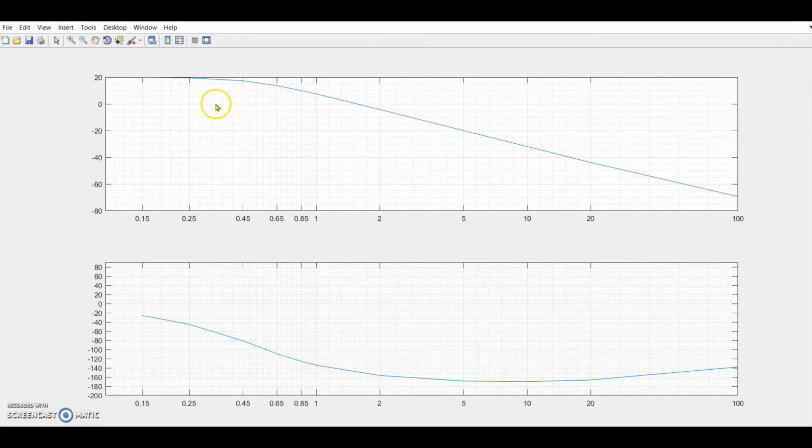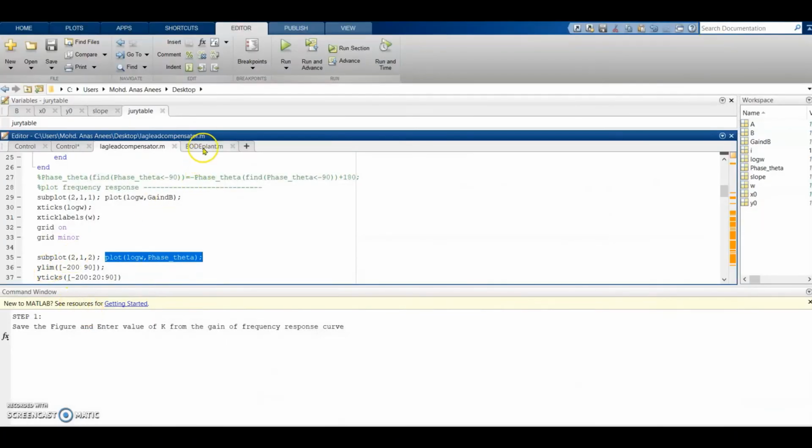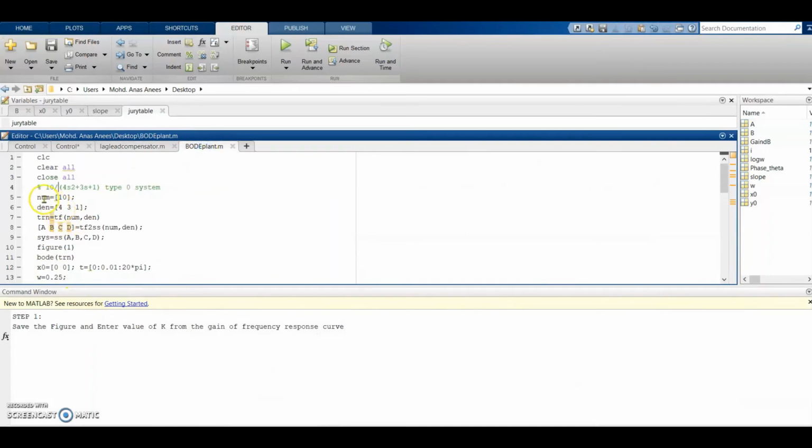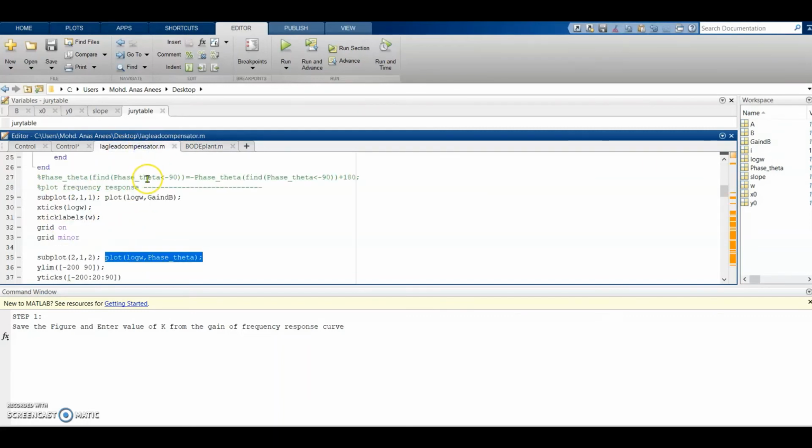So at each corner frequency the slope drops by minus 20 dB per decade. Our system also has two poles, you can see from the denominator. And since the system has two poles, there should be two corner frequencies.